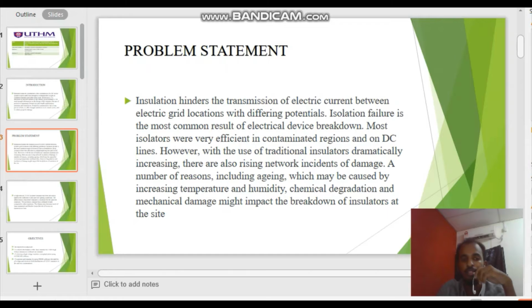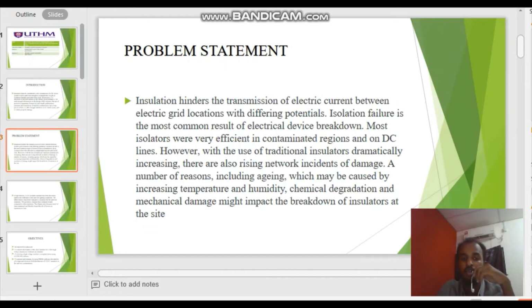Our problem statement: insulation hinders the transmission of electric current between electric grid locations with a defined potential. Insulation failure is the most common result of electrical phase breakdown. Most insulators were very efficient in contaminated regions or a DC line.